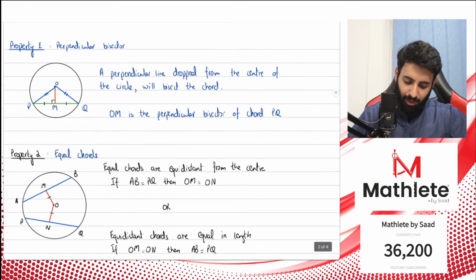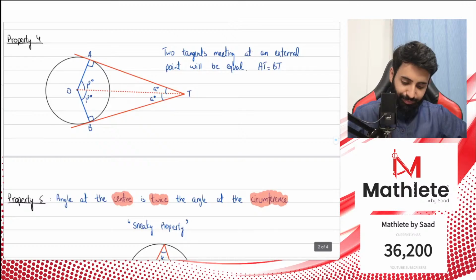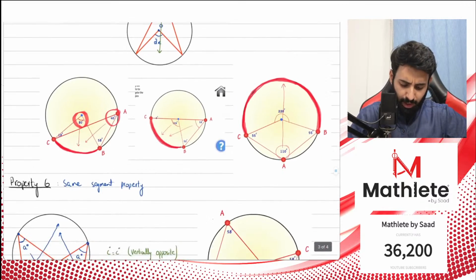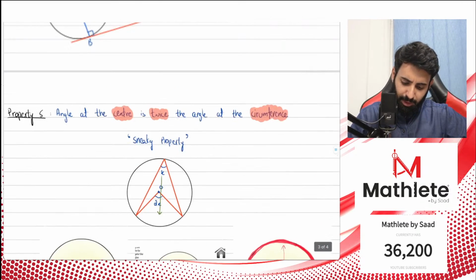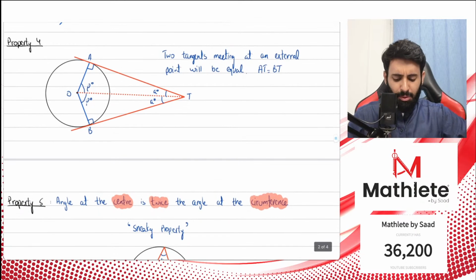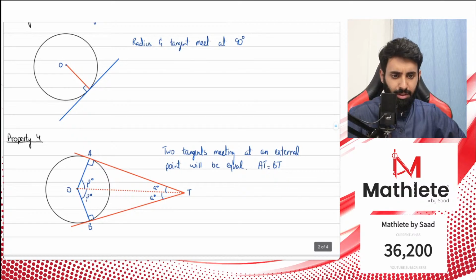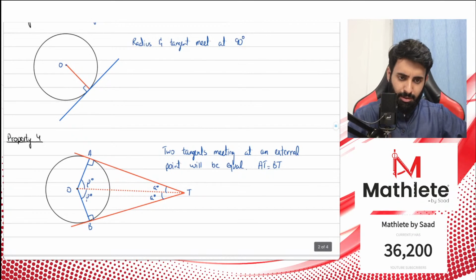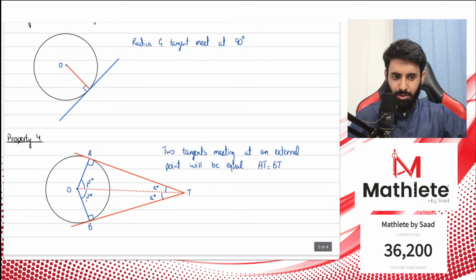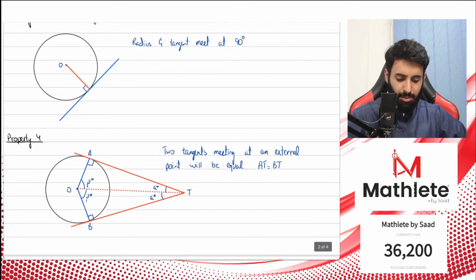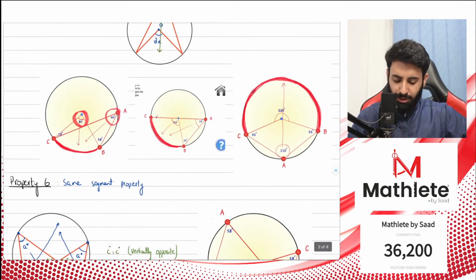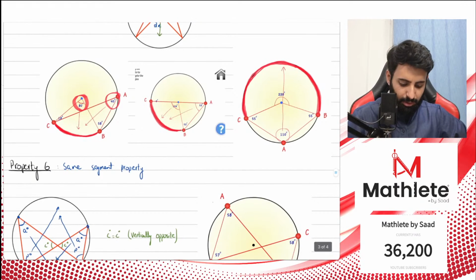Now go over these concepts and hopefully they'll help. One thing that I want to mention is that, as far as angle properties of circles is concerned, a lot of times we think that just because we know the concepts well, we should be able to solve the questions. Let me tell you, that's not always going to be the case.